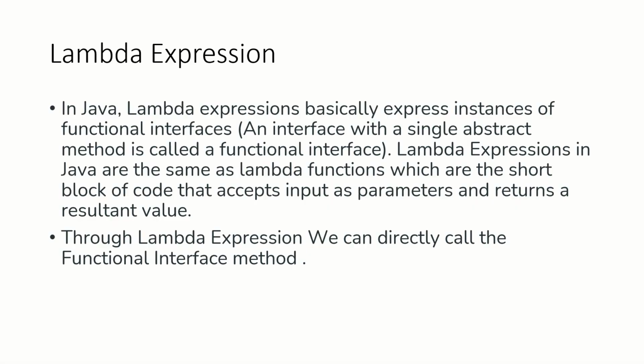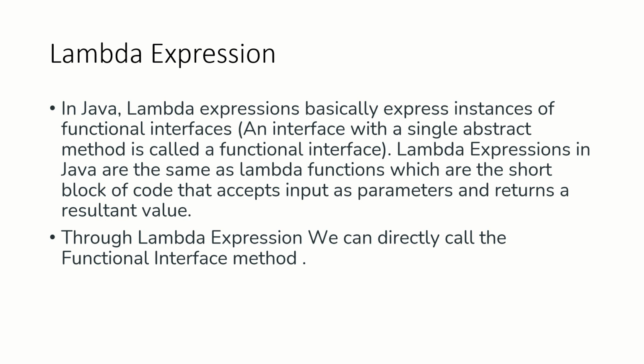Let me go to the next slide. First of all, what is Lambda expression? Lambda expression is a way to implement the abstract method of a functional interface. That is what I can say, but let me explain through the description and some other headlines that I have written down here. So in Java, Lambda expression basically expresses the instance of the functional interface.